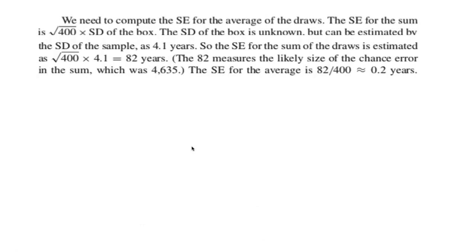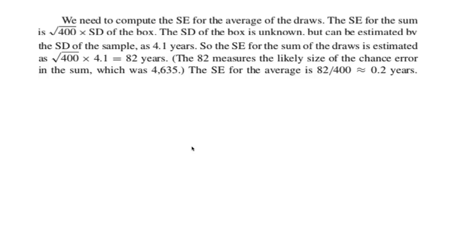So we start with the SE for the sum, which is root of 400 times SD of the box. Again, this SD is unknown, so we estimate it by using the SD of the sample, which is 4.1. This gives us the SE for the sum, which is root of 400 times 4.1, which is 82 years.